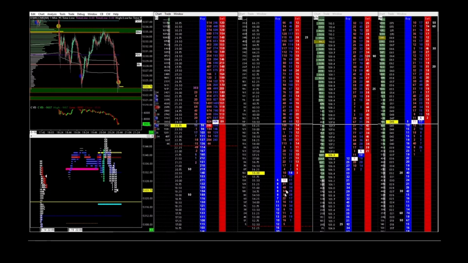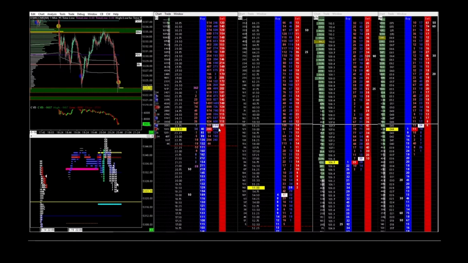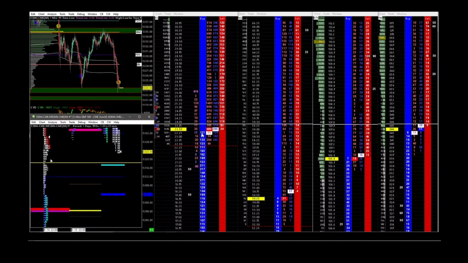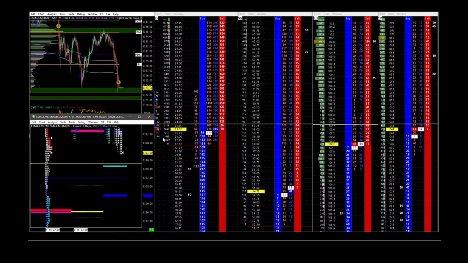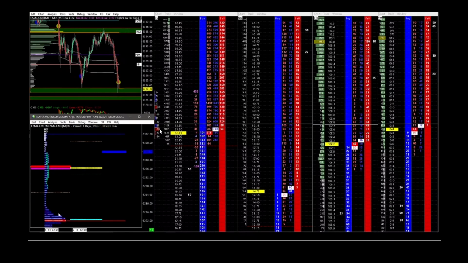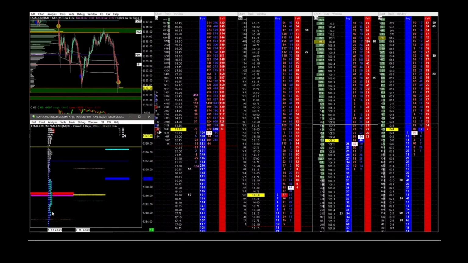We've seen absorption on NQ, absorption here on the Russell and on the Dow, and we'll just essentially watch this play out. Notice the continual drilling here into the bid, negative 238 delta here, and the market's still not been able to crack.